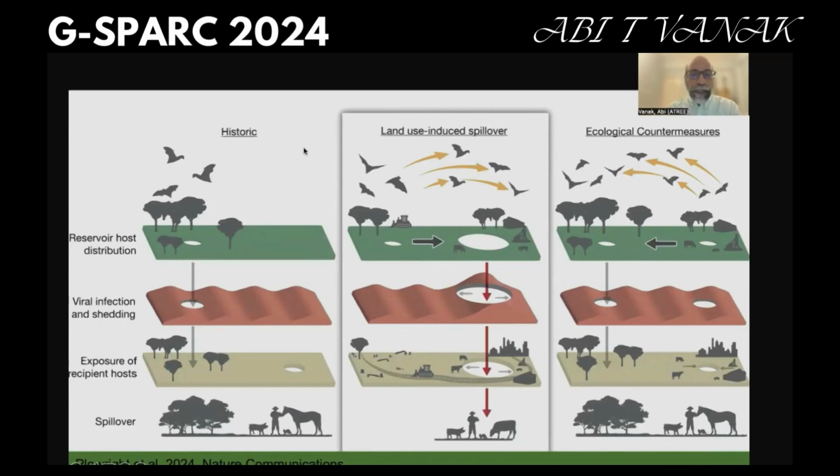This increases with clearing natural areas for agriculture, for building cities, or for animal farming, whatever it is, any kind of landscape change. Only by reversing some of these are you able to reduce the potential for any kind of spillover to happen.